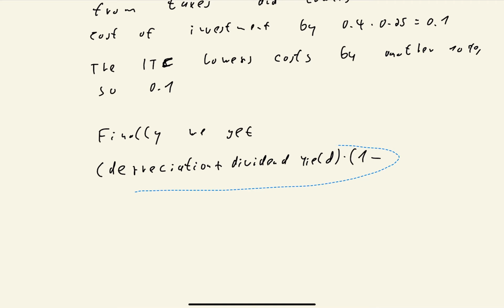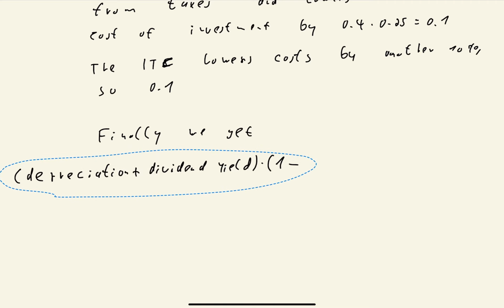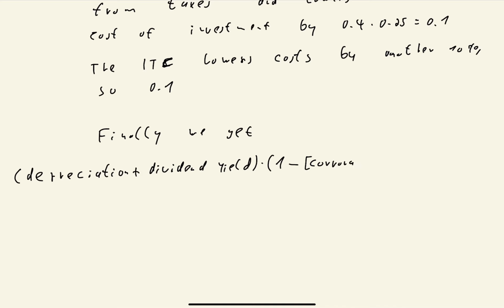I just need more space here. 1 minus the corporate tax rate, so corporate tax times the present discounted value of the depreciation, minus the investment tax credit. So it's then minus ITC.